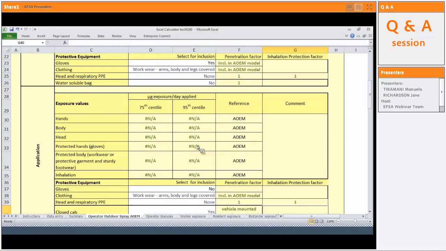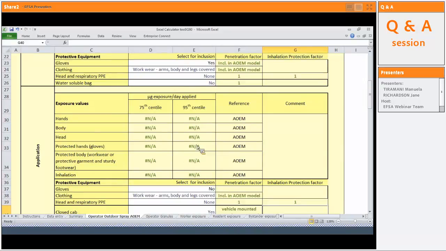In fact, I think though the minimum water volume is actually not used in the operator or the worker exposure. That's when we come into the resident and bystander exposure, particularly when we're trying to look at concentrations in spray drift, etc. So in the two scenarios we've discussed today, that variable isn't quite so critical, but it's a good point. It is indeed.